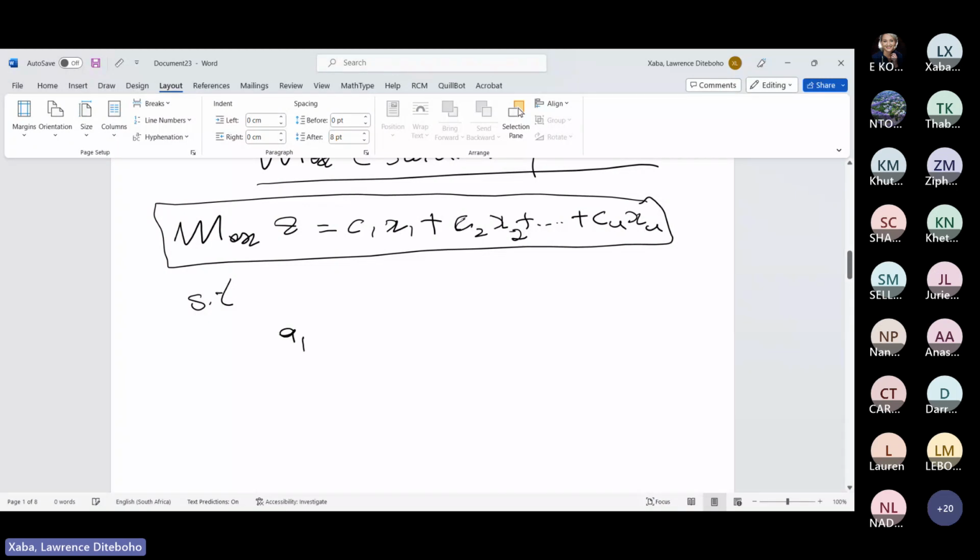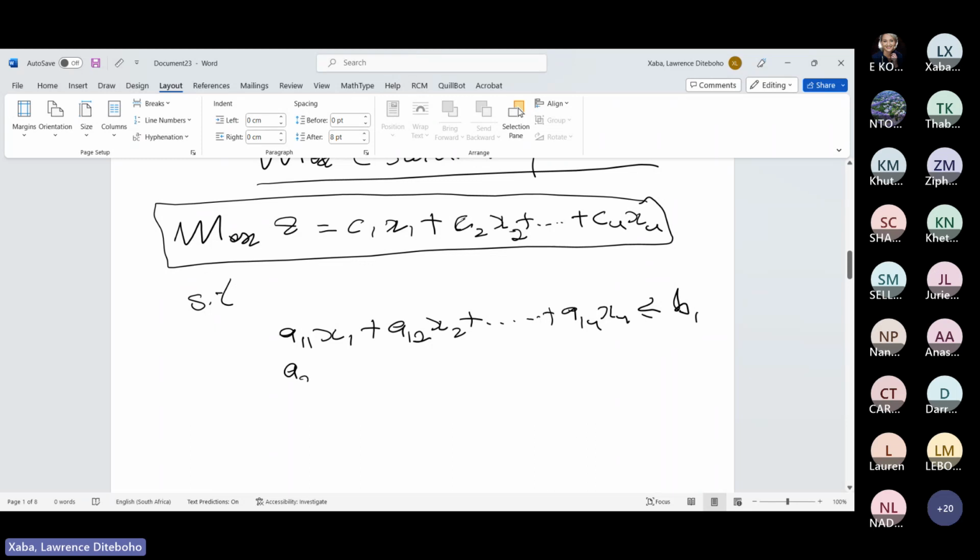And we are saying our constraints, we have A11 X1 plus A12 X2 plus, depending again on the number of variables in our constraints, A1n Xn. So in the case of maximum, we use at most B1.